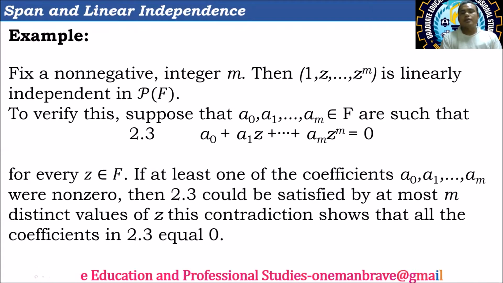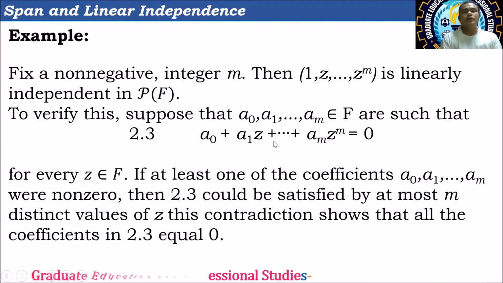That shows that all coefficients in the given equation are equal to 0.